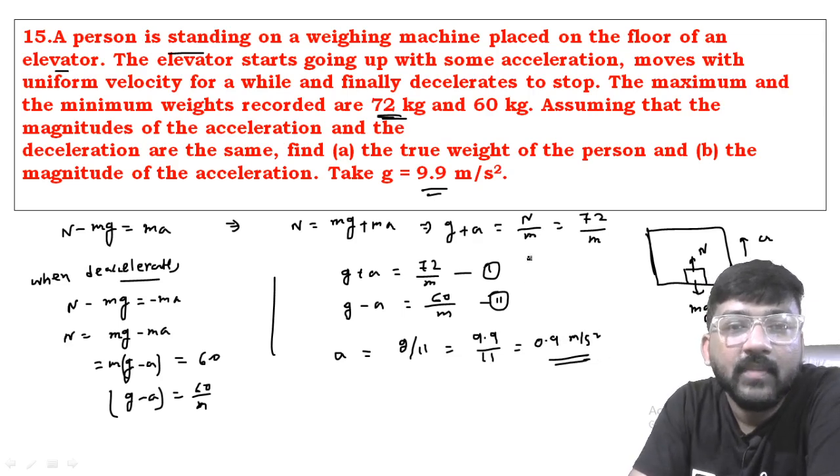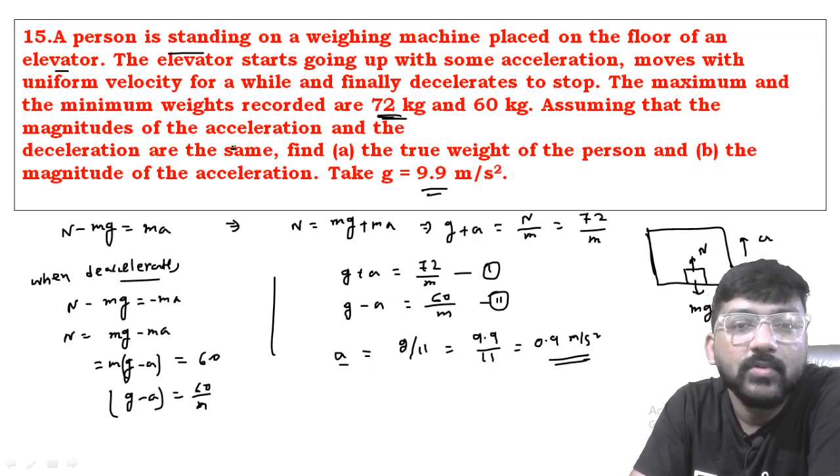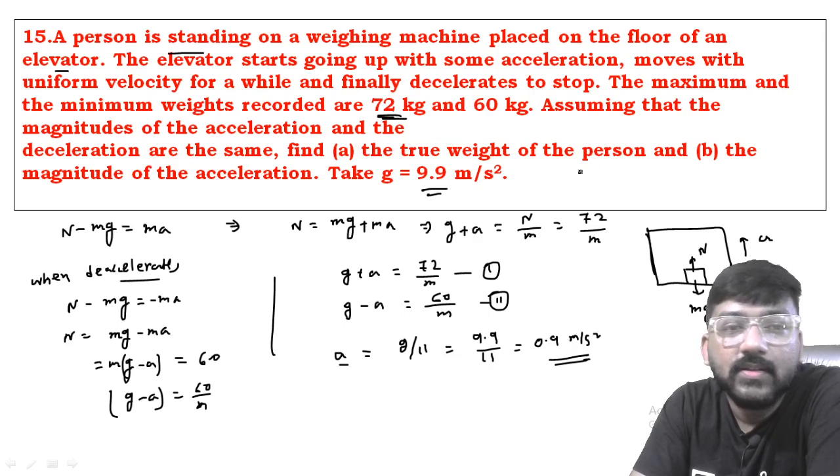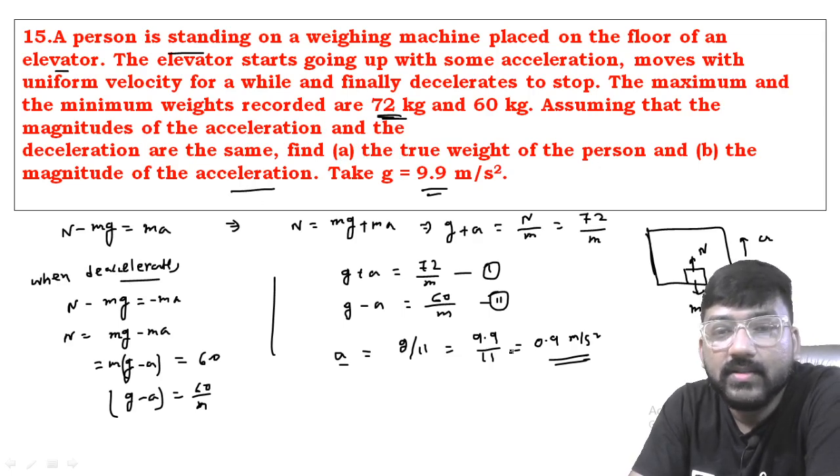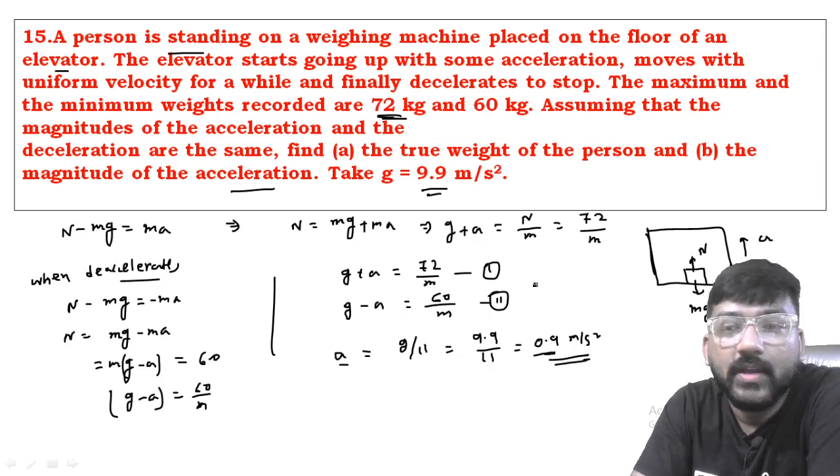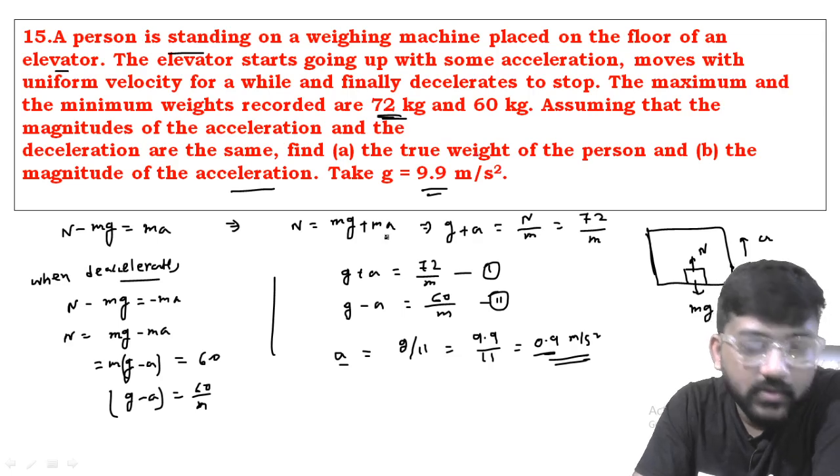Now you have to find out, assuming that the magnitude of the acceleration and deceleration are the same, the true weight of the person. True weight is just mg. So W is equal to mg.